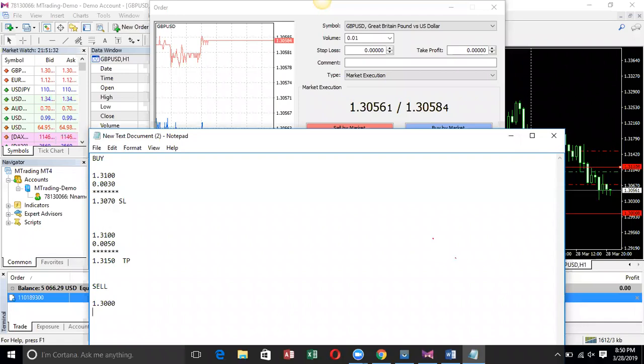Then our stop loss, remember we are selling now. Let's take the 30 pips we are used to. Remember it's our choice, we are just making a choice.